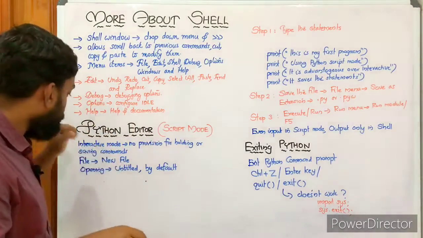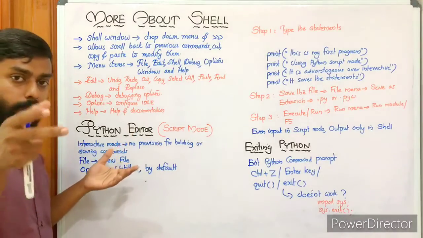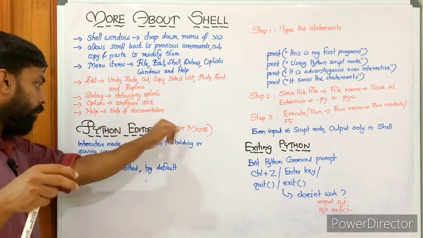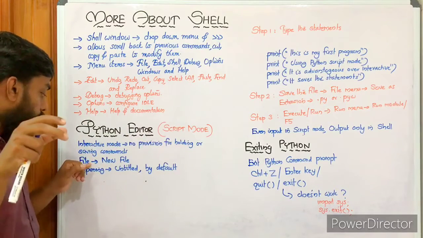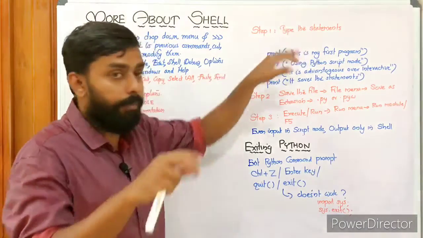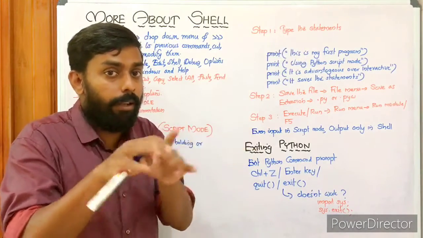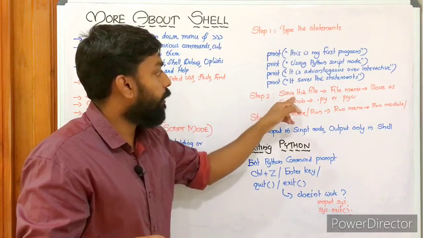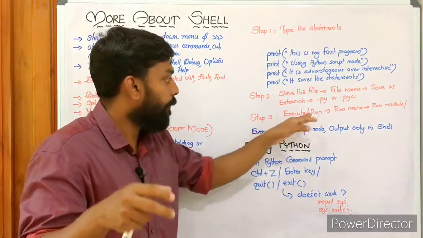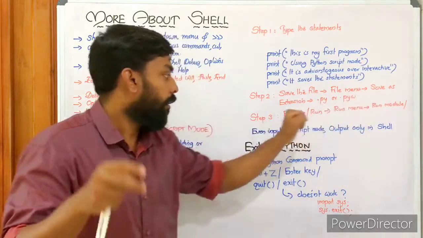Let's have a quick revision. Interactive mode has no provision for holding or saving data. Then, working with Python editor or script mode, you have to go to File, New File, which opens Untitled, the default name. Then type the statements, the Python commands. Then save the file with the .py extension. Then use the Run menu, Run Module, F5.